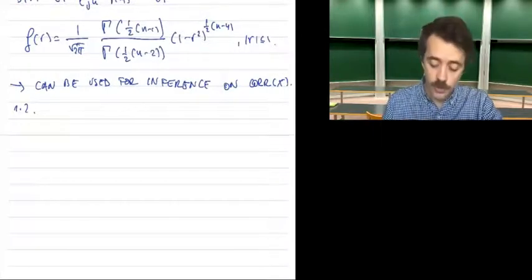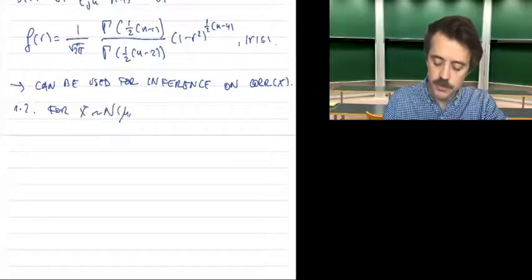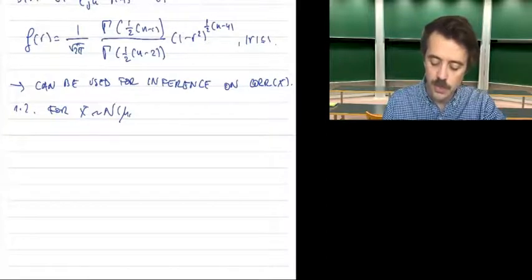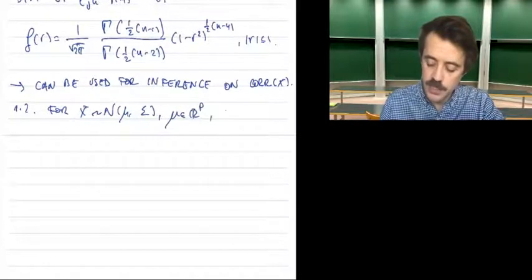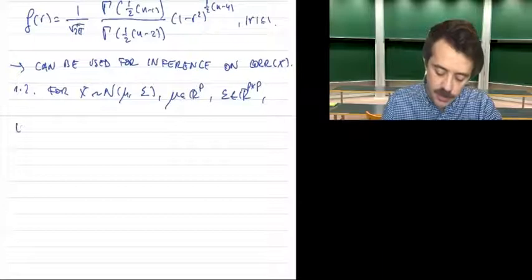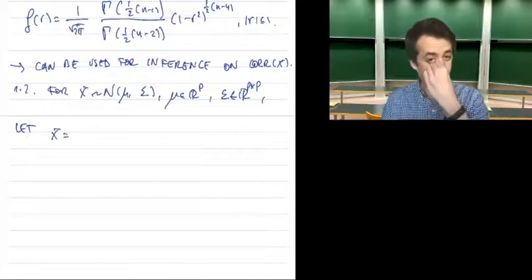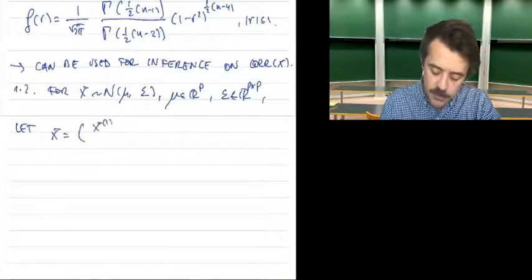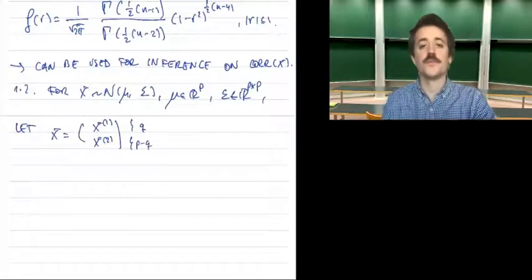For x normally distributed with mean mu and covariance matrix capital Sigma, and again, even though it's not really necessary because we're in the multivariate section already, let's emphasize that these are multivariate, and let's split our x as this: x1 is going to have length q, and x2 is going to have length p minus q.